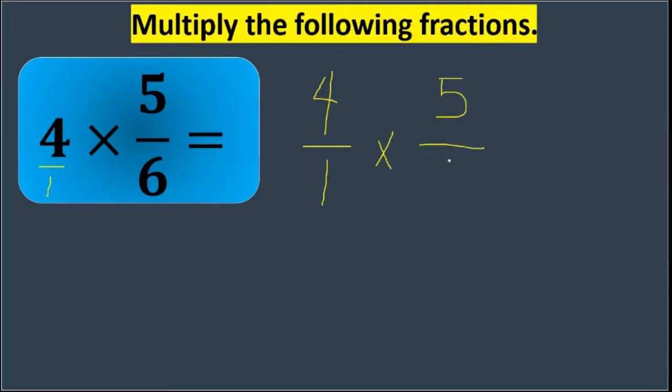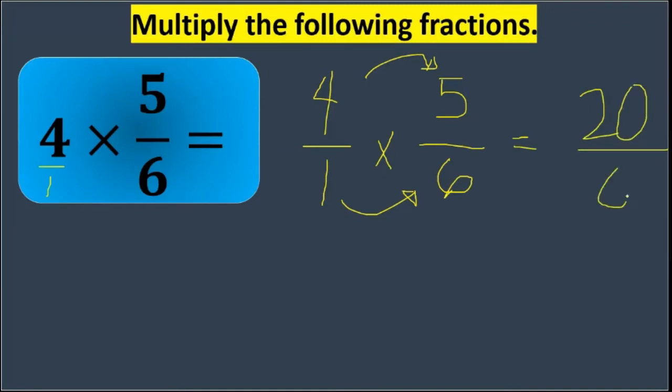Multiply the numerators and then multiply the denominators. 4 times 5. Answer is 20. Very good. Thank you, Justin. And then, 1 times 6 is 6.